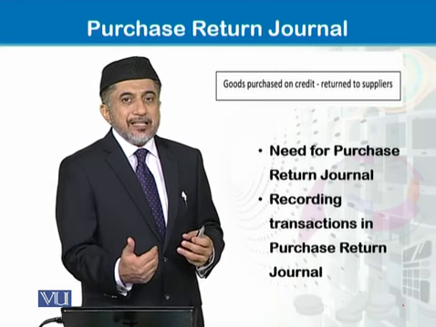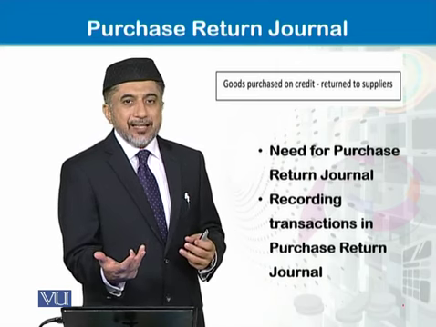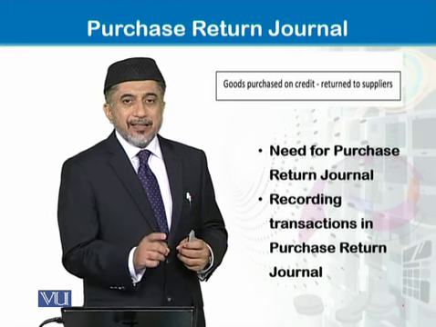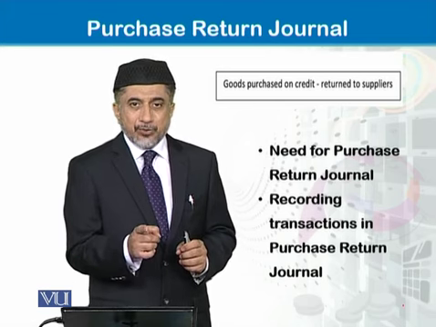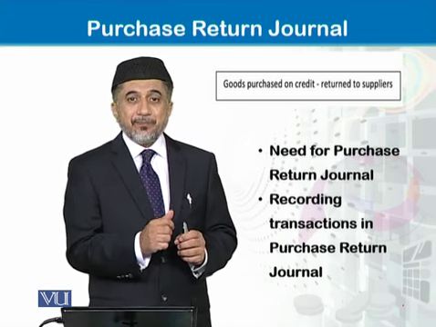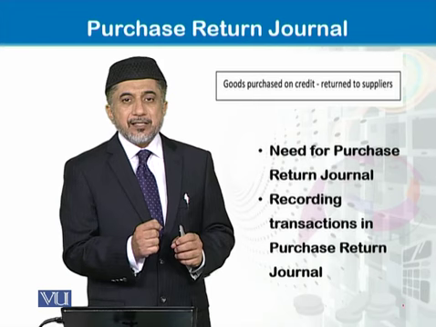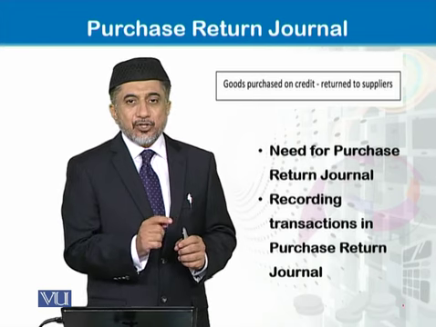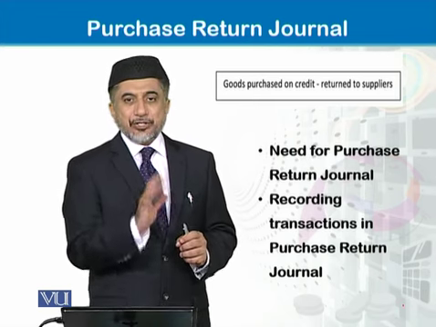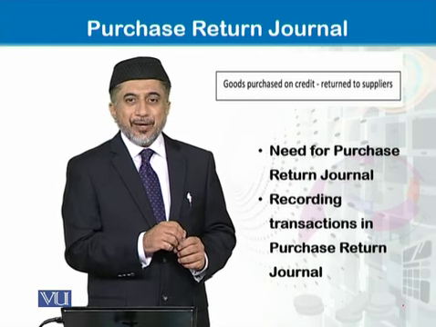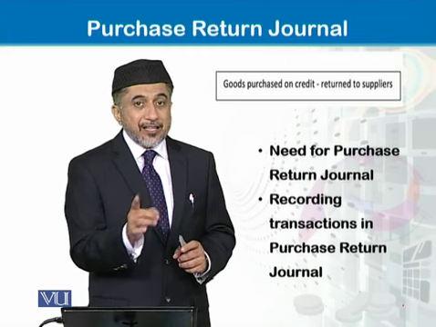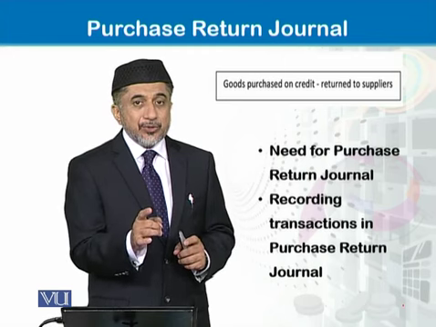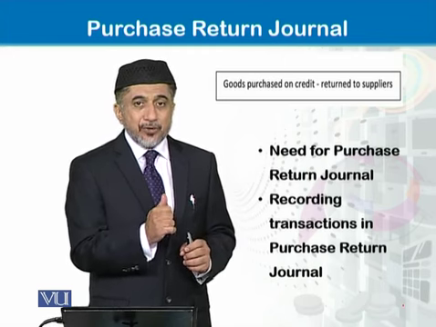And for this, you are seeking permission from your supplier that if you agree that the goods returned to you are acceptable because of these reasons, kindly allow us to debit your account. So this you write on a debit note. Agreed? Well, how will you get confirmation that the supplier is allowing you to debit his account in your books?